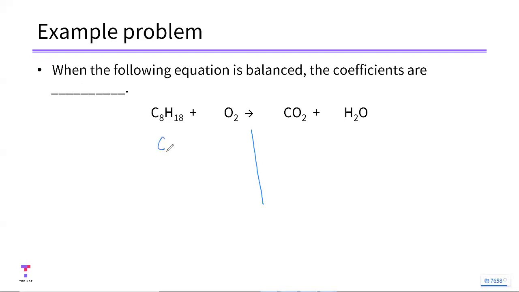From an accounting standpoint, I've got carbon, hydrogen, and oxygen. So I'm going to put each of those on both sides. I've got 8 carbon, 18 hydrogen, and 2 oxygen as my reactants. I've got 1 carbon, 2 hydrogen, and a total of 3 oxygen, 2 from the carbon dioxide and 1 from the water.